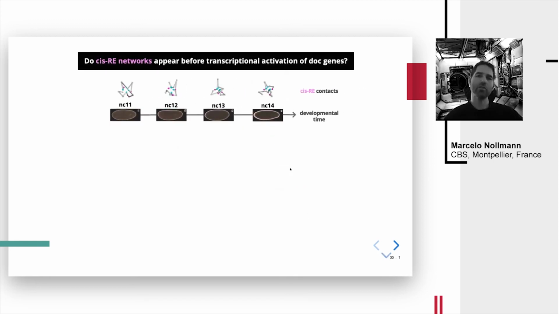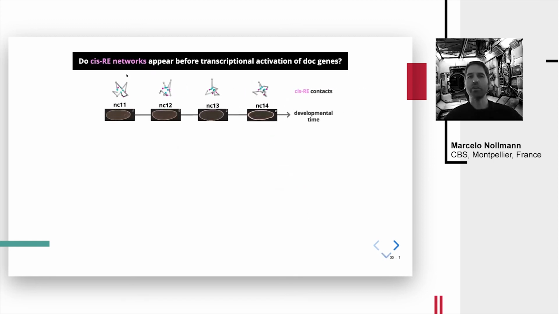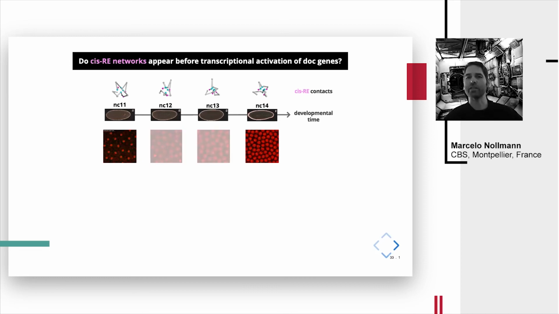And so the final question is whether these cis-regulatory networks appear before transcriptional activation or not. And so in order to do this, we do imaging of transcription at different developmental stages. You can see the transcriptional hotspot as a green spot in these images in nuclear cycle 14. So we know that DOC is expressed in this nuclear cycle. If we look at previous nuclear cycles, we see that this gene is actually not expressed in these previous cycles.